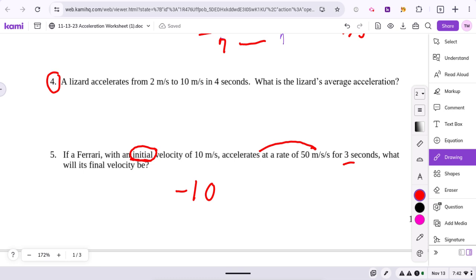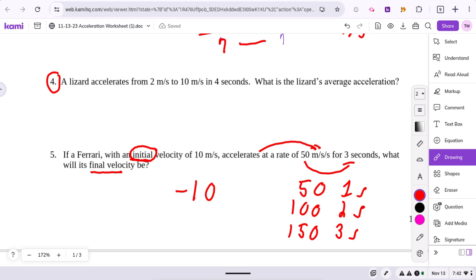So this one, you're not going to use the exact same formula because you're just trying to find the final velocity, not the acceleration. So if something speeds up 50 meters per second every second, that means after 1 second, it'd be going 50. After 2 seconds, it'd be going 100. And then after 3 seconds, it'd be going 150. So it's speeding up 50 meters per second every second. And the initial velocity was 10. So you just need to add the initial velocity to the acceleration.